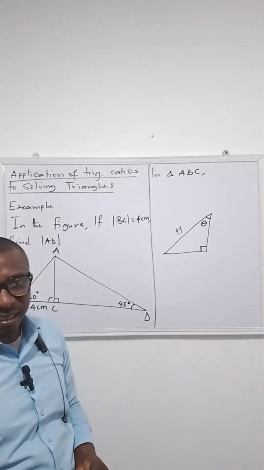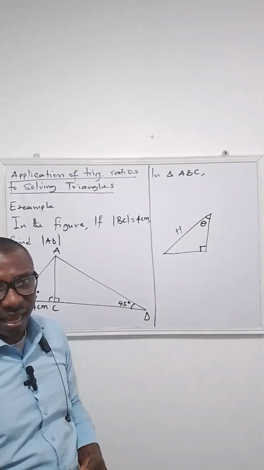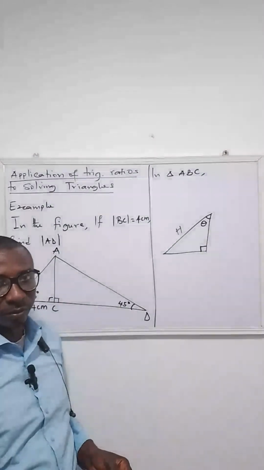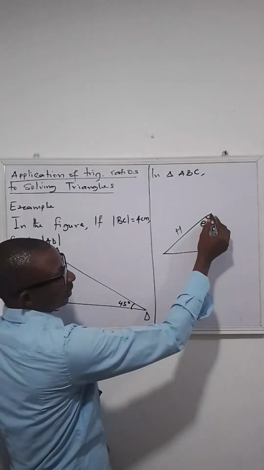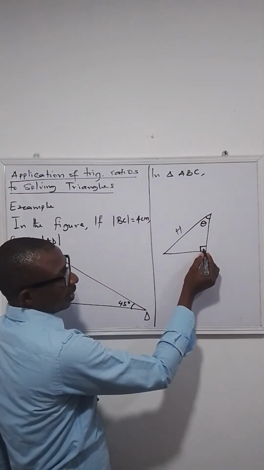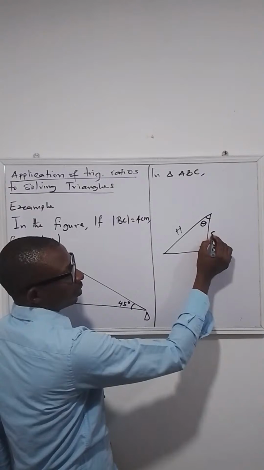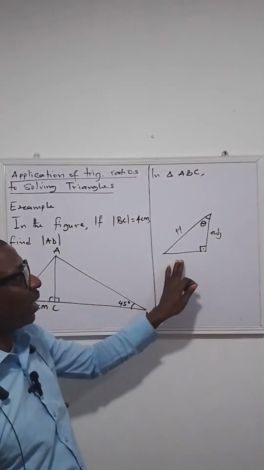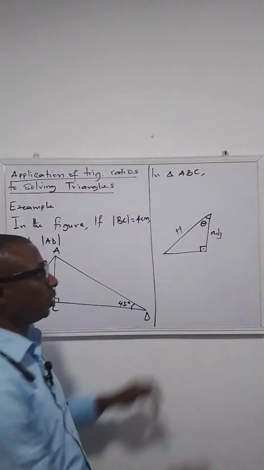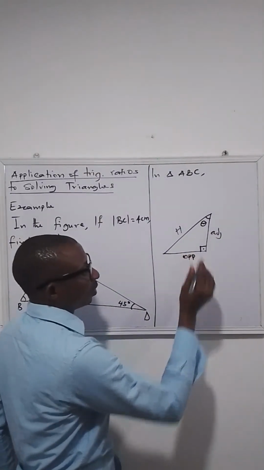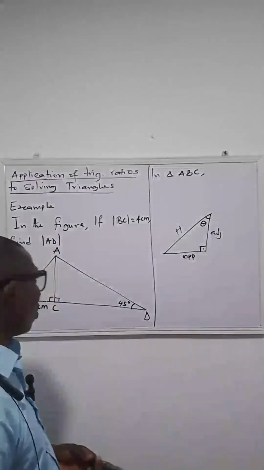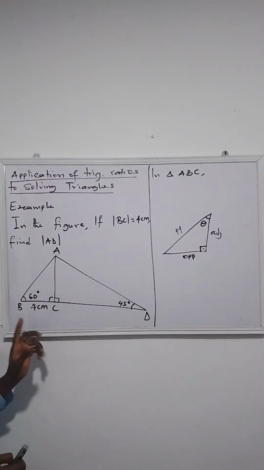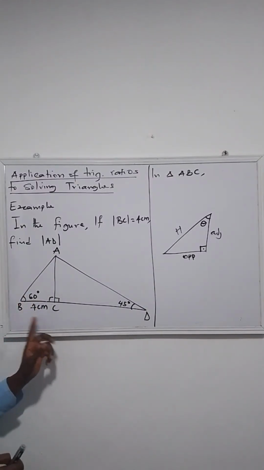Now, the adjacent. The adjacent is the side that is touching the right angle and the reference angle. So this place is the adjacent. And the last one is the opposite. Now compare with this, and you should be able to tell me what BC is.